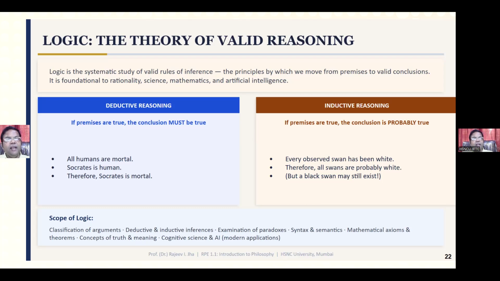Inductive reasoning: every crow I have ever observed has been black. Therefore, all crows are probably black. The premises support the conclusion, but do not guarantee it. One white crow invalidates the general claim.